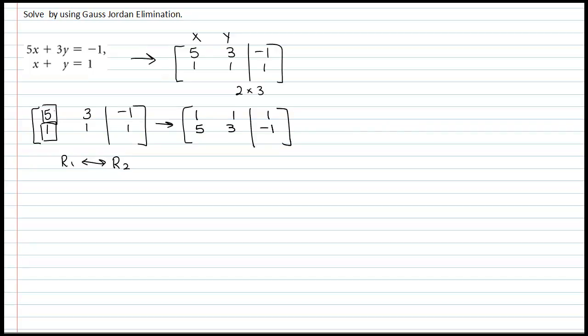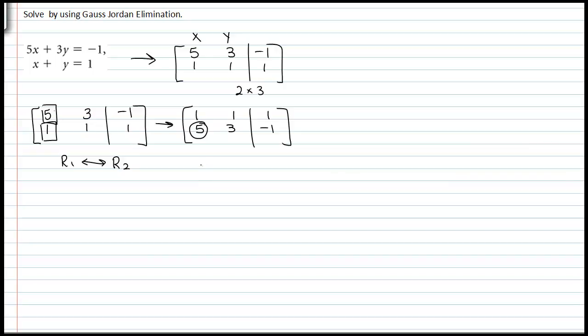Once we get the first row, first column to have the value of 1, we want everything underneath it to have a value of 0. In order to do that, I'm going to multiply something to the 1 and add it to the 5, so it has a 0 value. So what can I multiply to 1 that when I add it to 5 will make it 0? That's going to be the opposite.